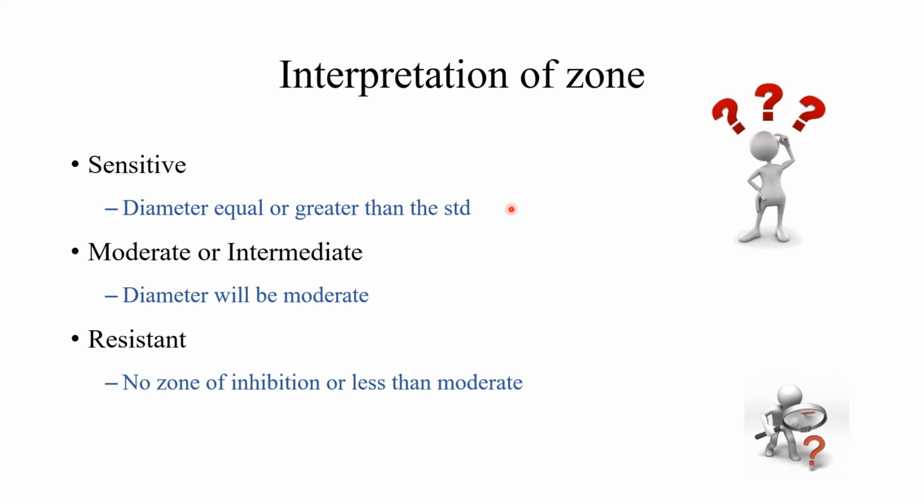Sensitive means the diameter we measured will be equal to or greater than the standard. If the diameter is moderate, our interpretation is intermediate. Resistant means there is no zone of inhibition or it is less than the moderate, and we call it resistant.